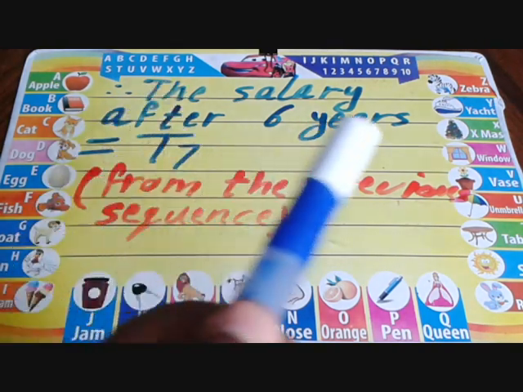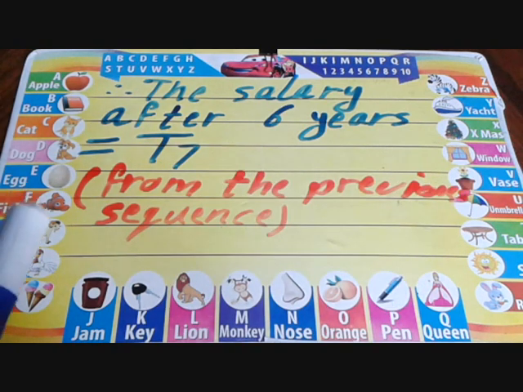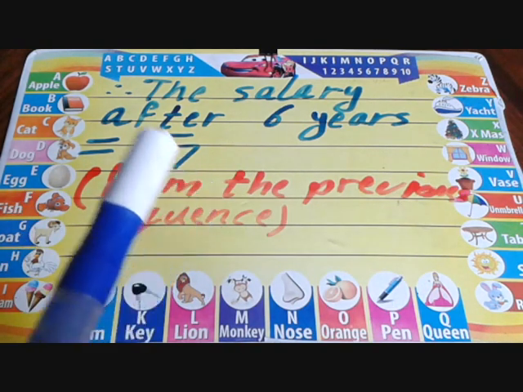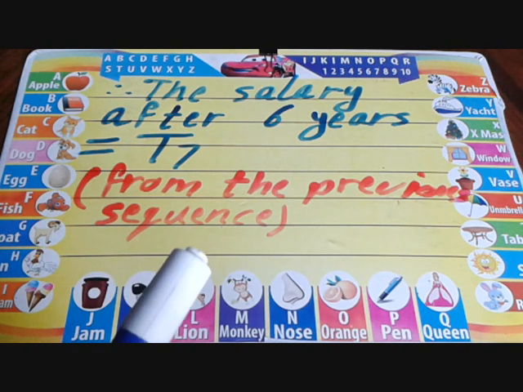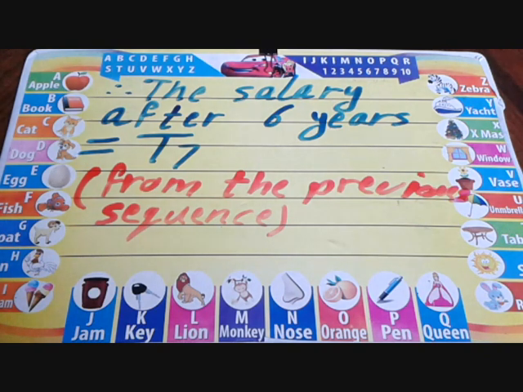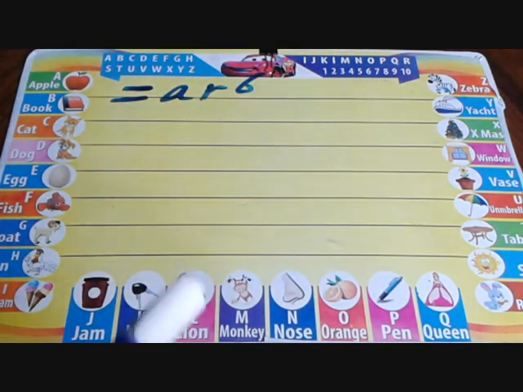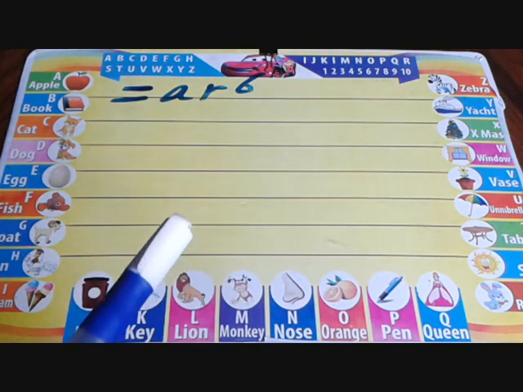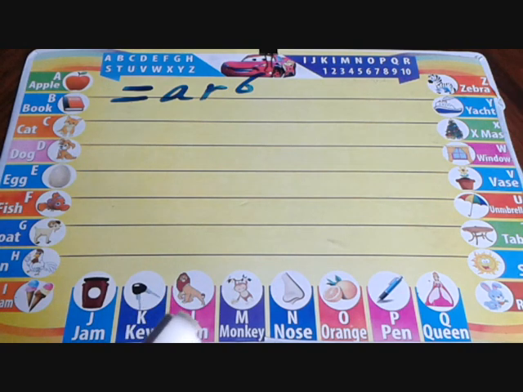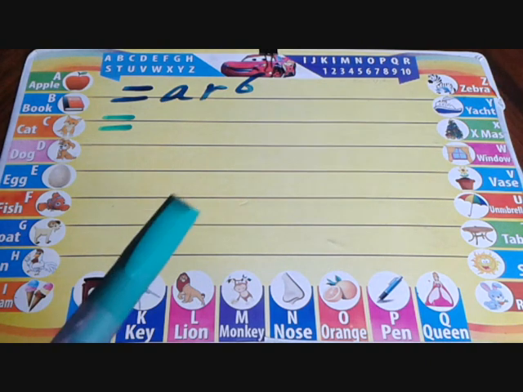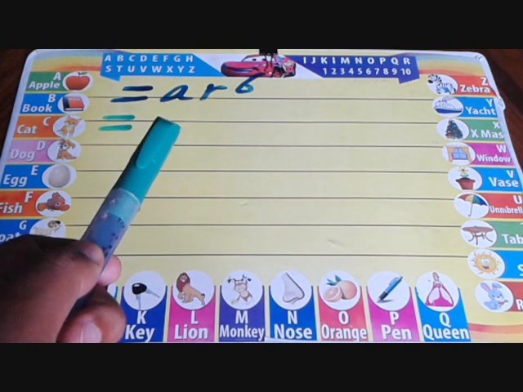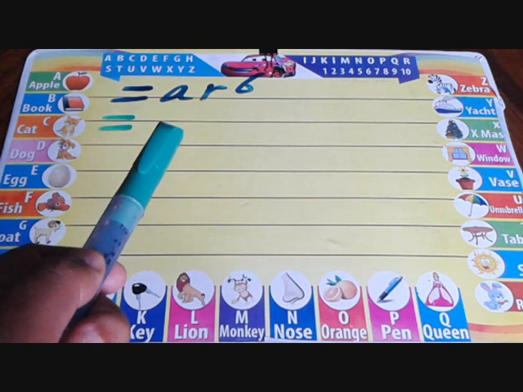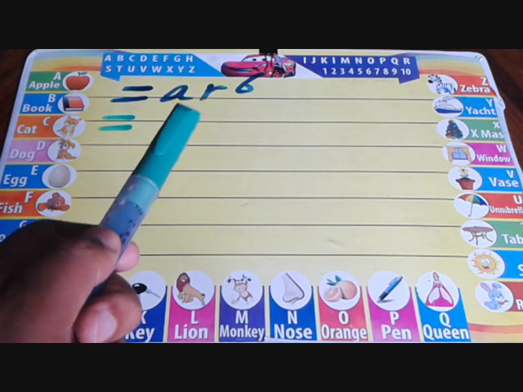Therefore, the salary after 6 years equals T7, the seventh term, from the previous sequence. This equals A R power 6 according to the rule. From the previous steps, what is the value of A? What is the value of R?